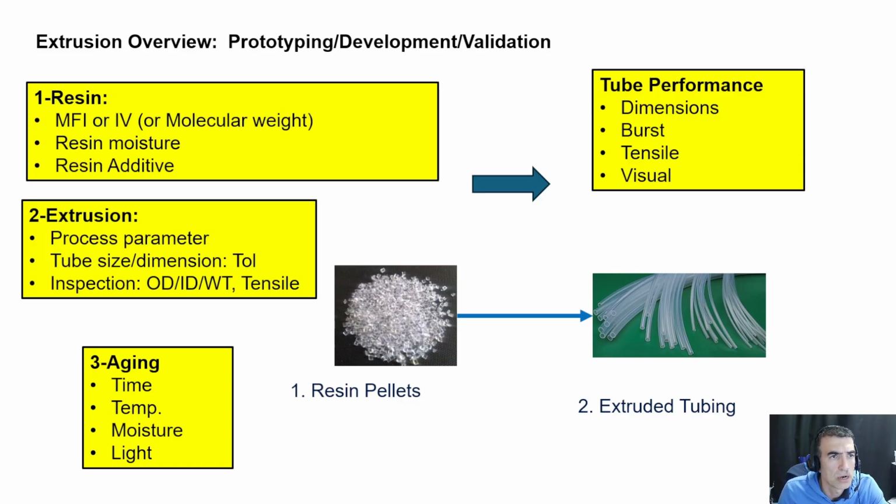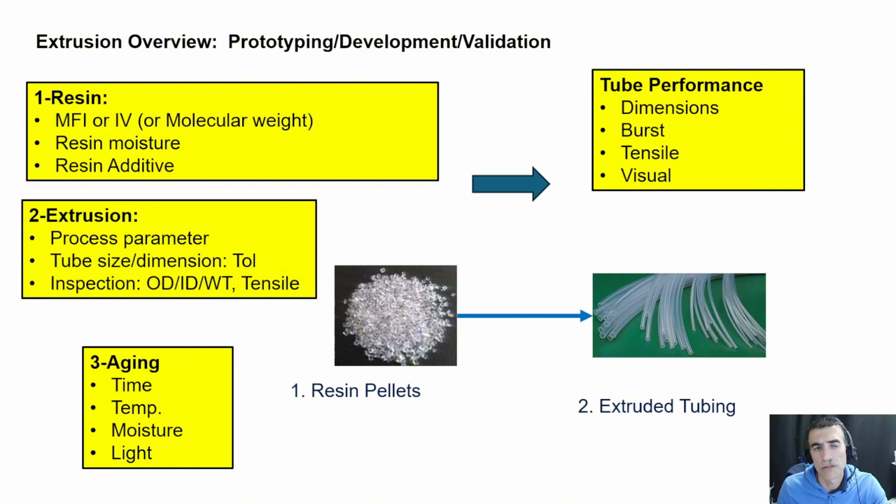For extrusion, the very important factors are the resin, what MFI or intrinsic viscosity, both of which represent molecular weight, you are using, the moisture, and additives, like a master batch, what kind of additive is added into the polymer, and the extrusion process parameters, and what tube size, what dimension, what tolerance you are targeting, and then the inspection of that part when you produce it.